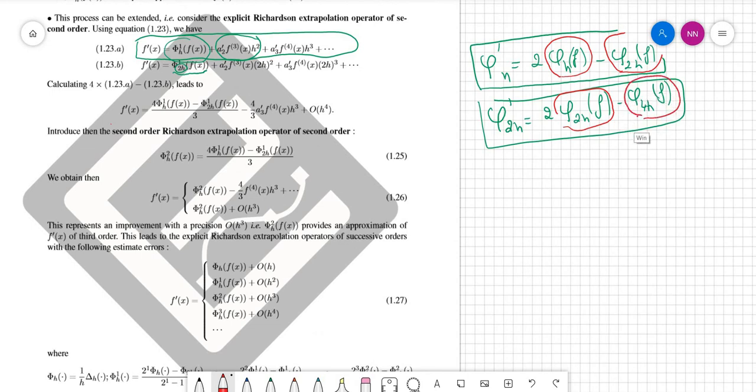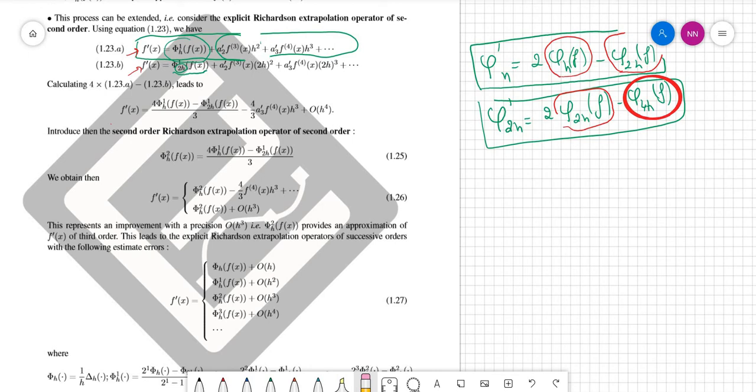Phi 4h, then we will be able to calculate the following. So we go back. If we have f prime with an order of h squared, and then f prime, the second one, with an order of h squared as well, then we will be able to combine these two.